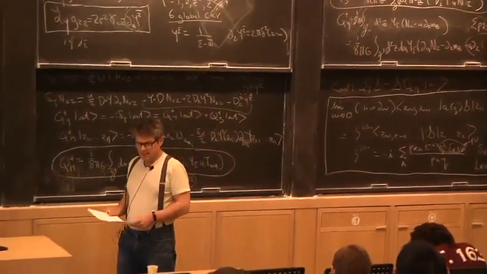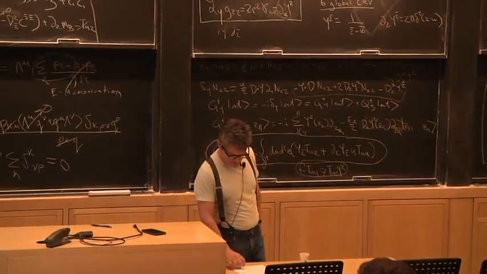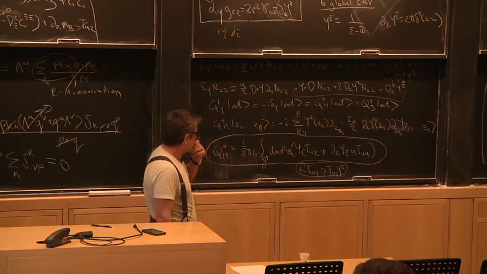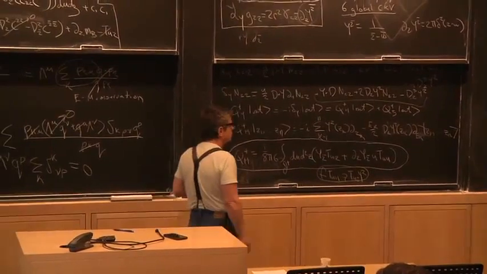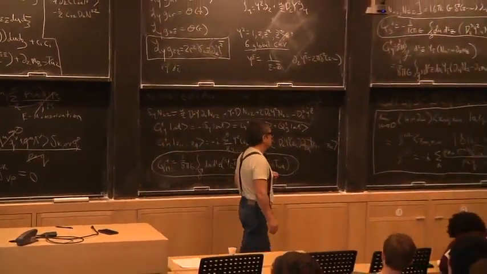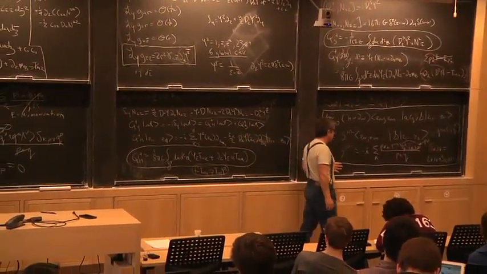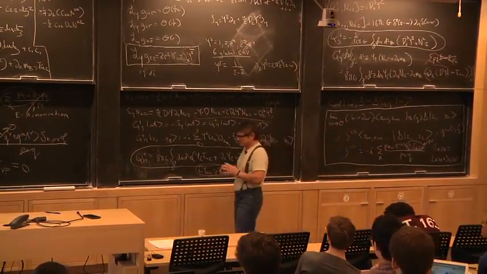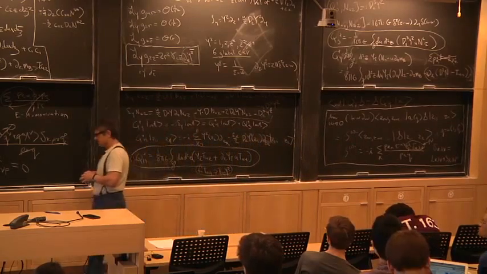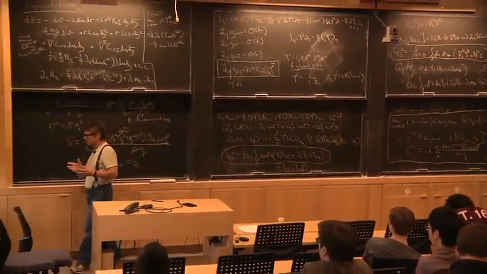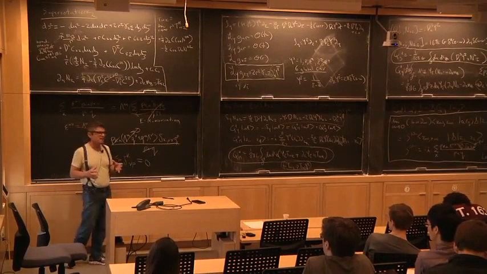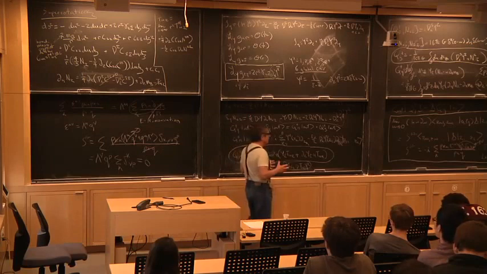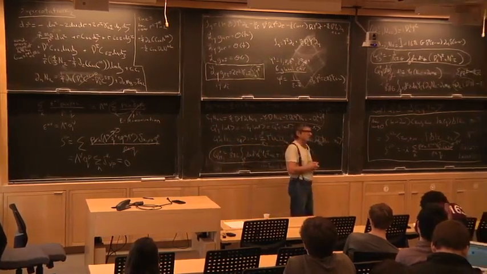Okay, but the main conclusion I want to draw from this is that it appears that 4-dimensional quantum gravity, at least at tree level and with some one-loop corrections whose form we don't understand, has the transformation laws of a 2-dimensional conformal field theory.